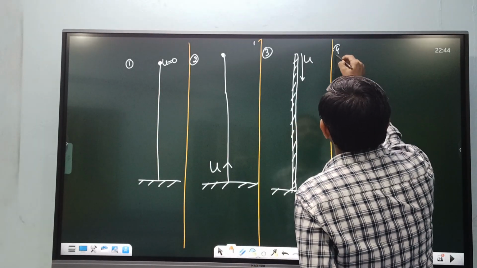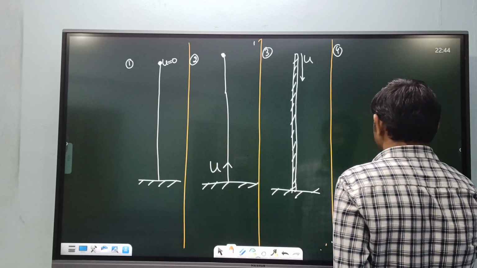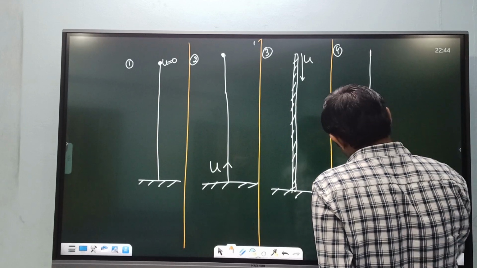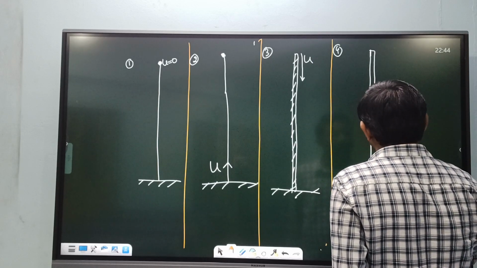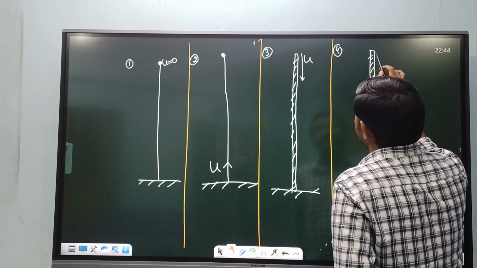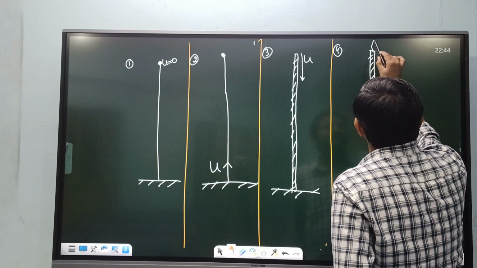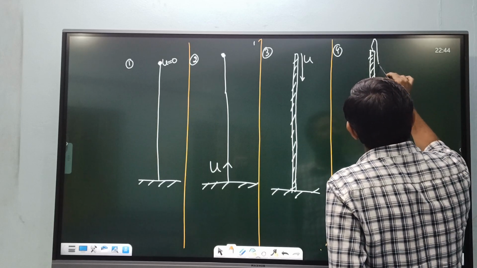What is the fourth one? Vertically upward projection from the top of a tower. This is the vertically upward projection.